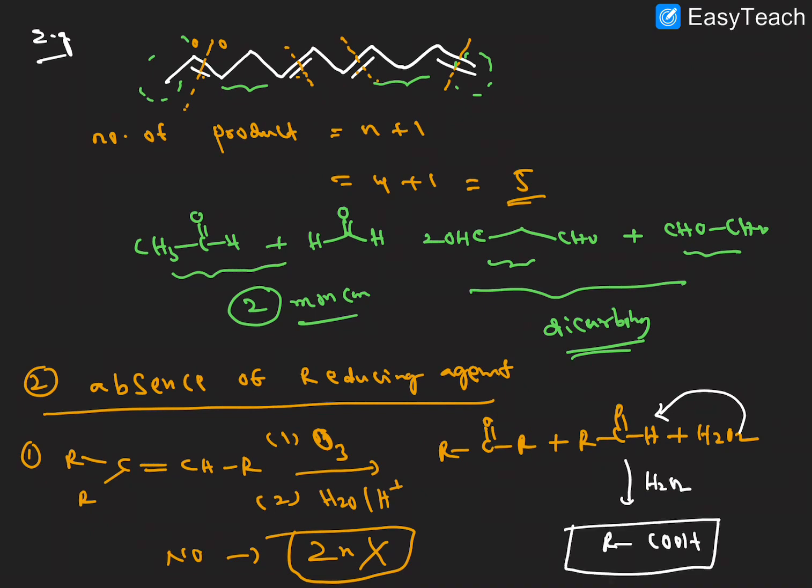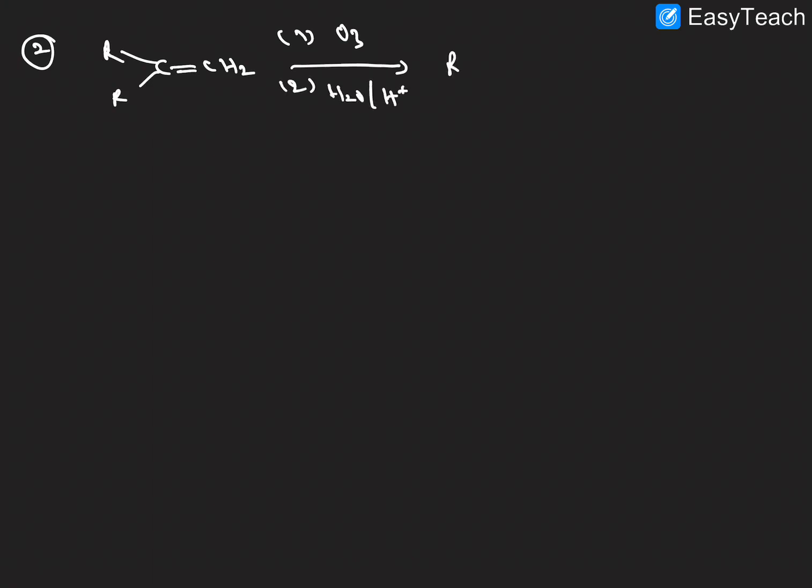So oxidation is taking place again. This happens here in the absence of zinc, which is the reducing agent. Next, one more example, example 2 here. We are taking a terminal alkyne. This is a terminal alkyne, CH2, and using O3 and H2O and H plus conditions.